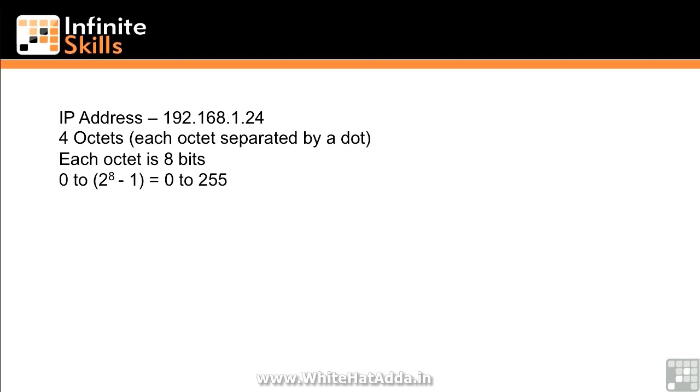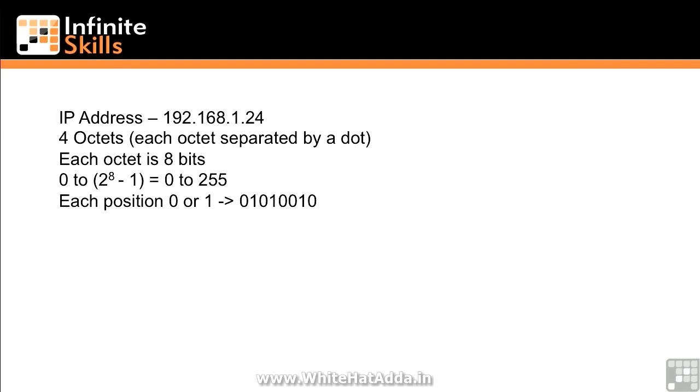So the 192 place, the first octet that you see, that number can be a value from 0 to 255 because that's what you can represent with 8 bits. Since 2 to the 8 is 256, and we have to start from 0, the case where there are all zeros in the 8 bits, you can get values from 0 to 255 in each position, and that gives us 256 values.